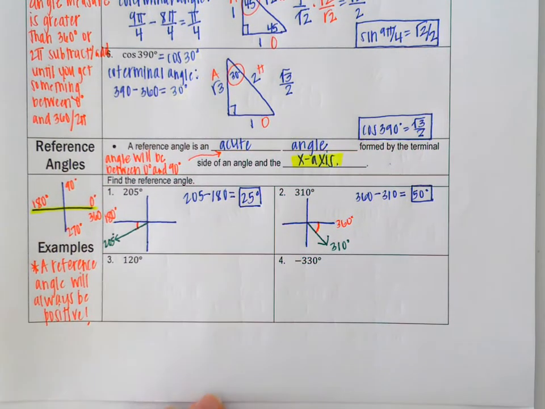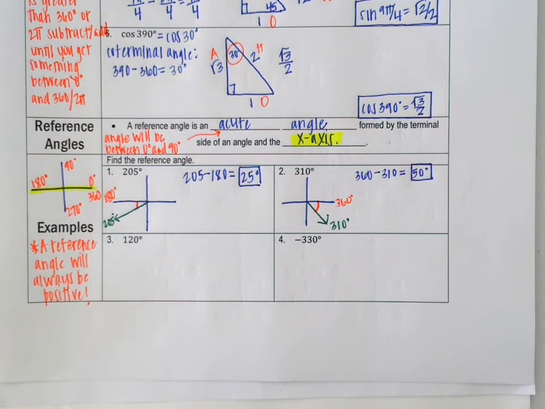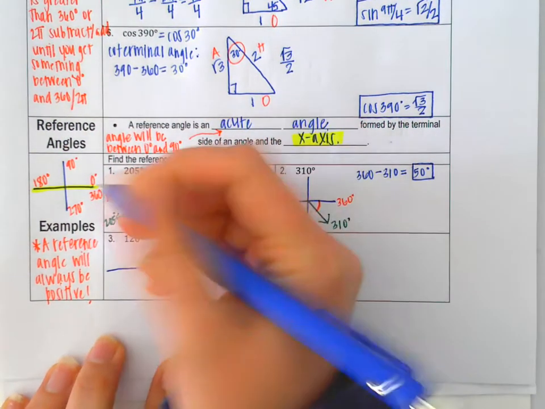Okay, so let's try 120. So 120. And if you guys are feeling good and you're feeling confident with it, what I want you guys to do is try 3 on your own. But if you want me to do it with you, then that's fine too. So I'm going to start by drawing where 120 is.